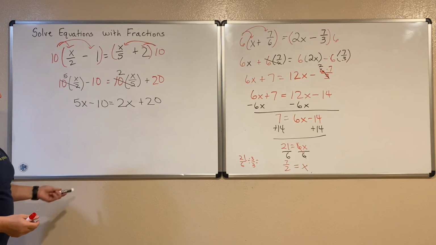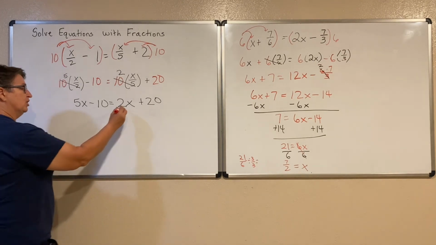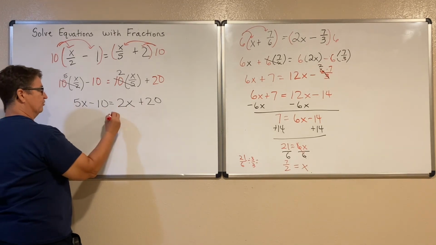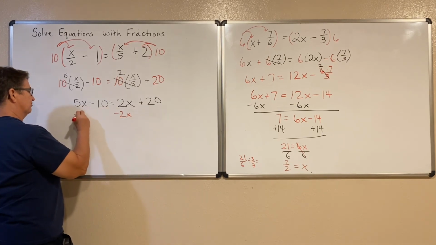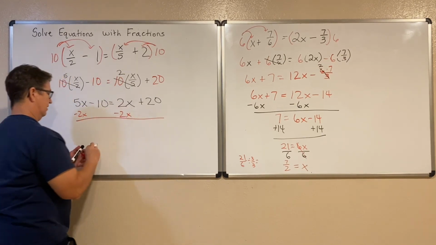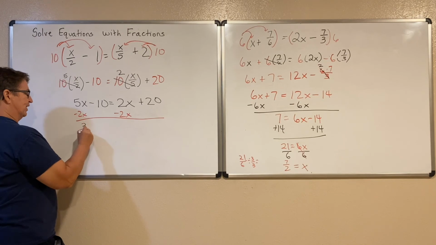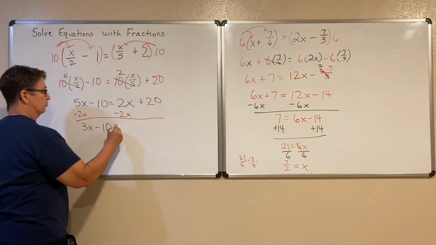Now I'm just going to solve the equation like I normally would. I'll move these x's over, so I subtract 2x from both sides. That leaves me with 3x minus 10 equals 20.